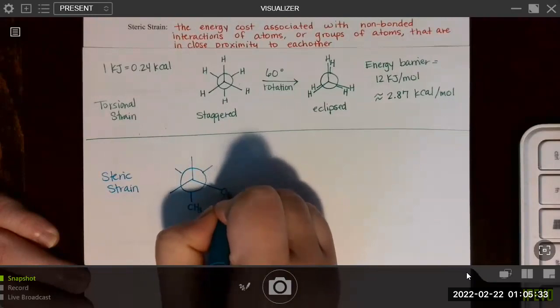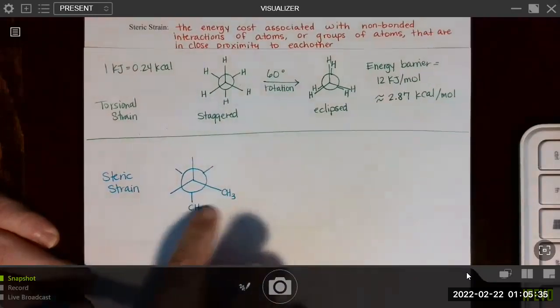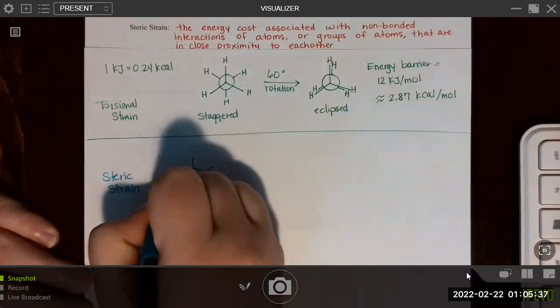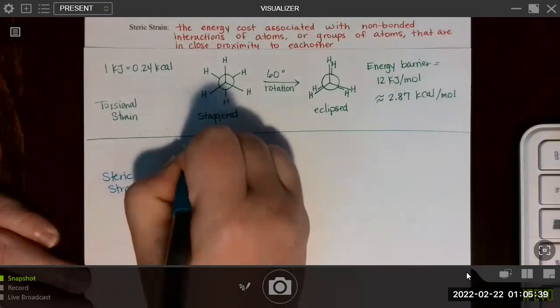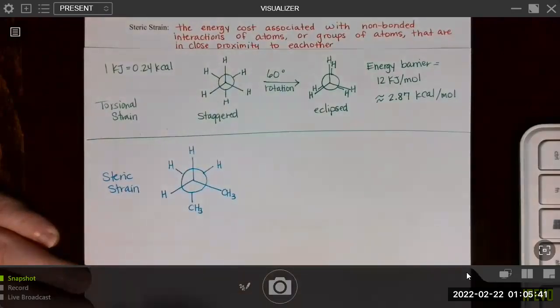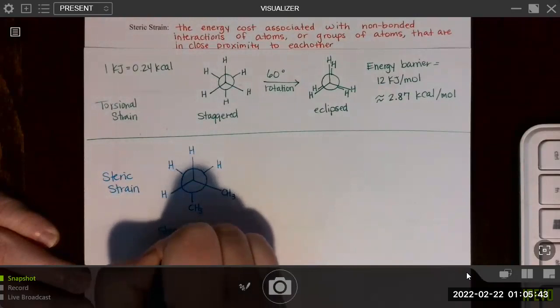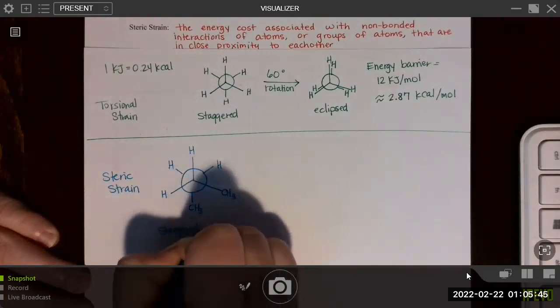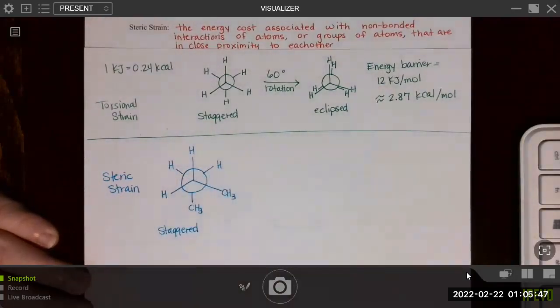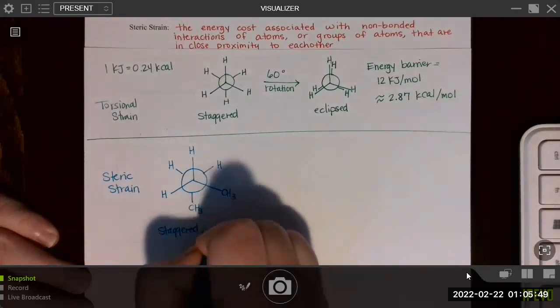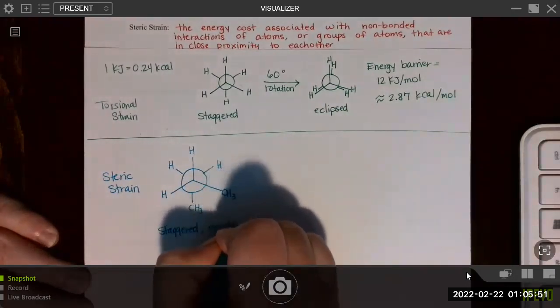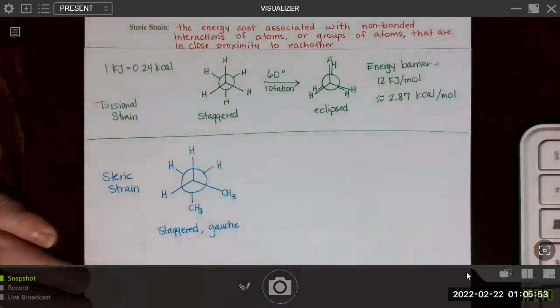And at one point, they might be right next to one another. And in that case, even though this is a fully staggered conformation, which means that it doesn't have any torsional strain, it is also considered a gauche conformation, which does have what's called steric strain.